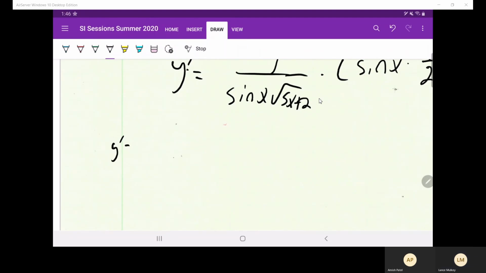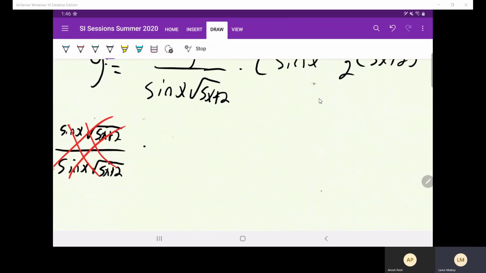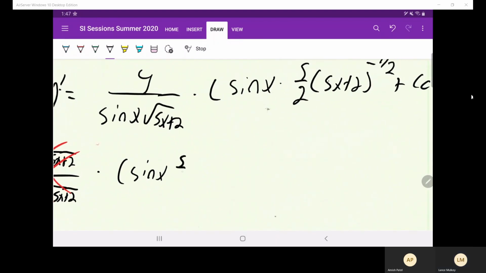So those drop out completely. And you're just left with, oh, my mouse is finally dying after like a year. Oh, we'll simplify this to make it look prettier.